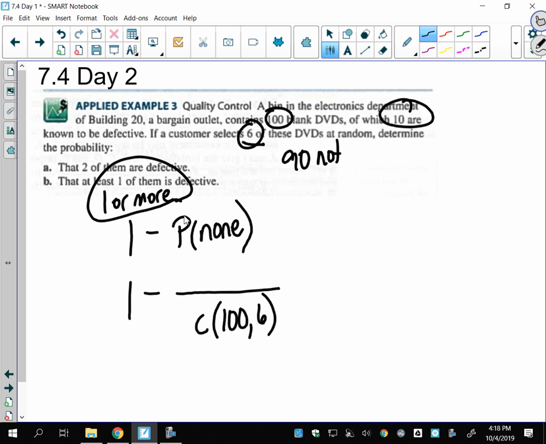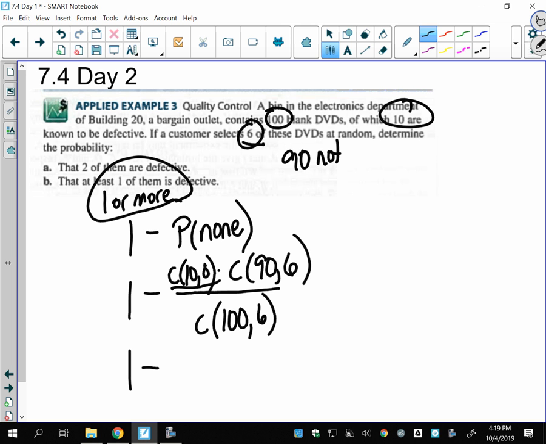But now my top number is of the 90 that are not defective, I want to choose 6 of them, right? If you want, you could say of the 10 defective ones, you're choosing 0, but you don't have to include that part because it's just 1.